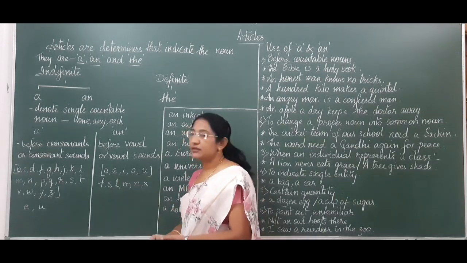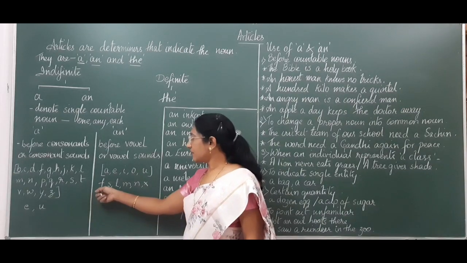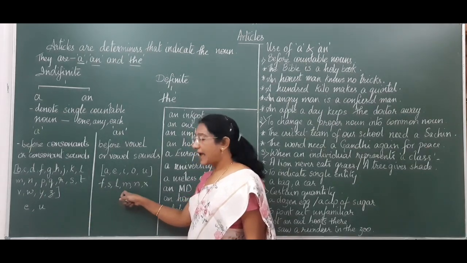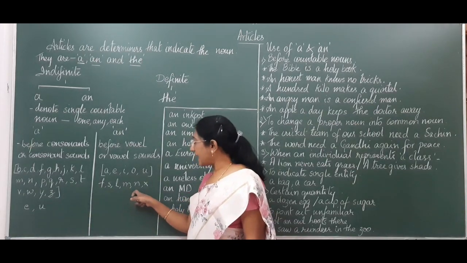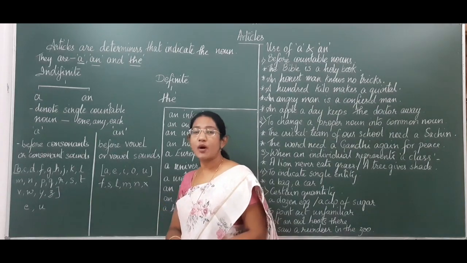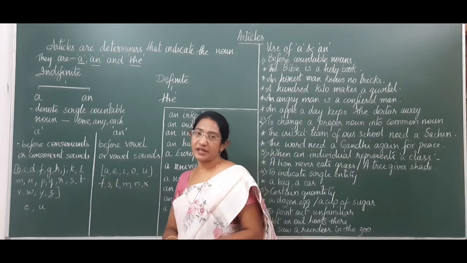So, if consonants like F, H, L, M, N, S, X produce a vowel sound during word formation, then before such sounds we use an.